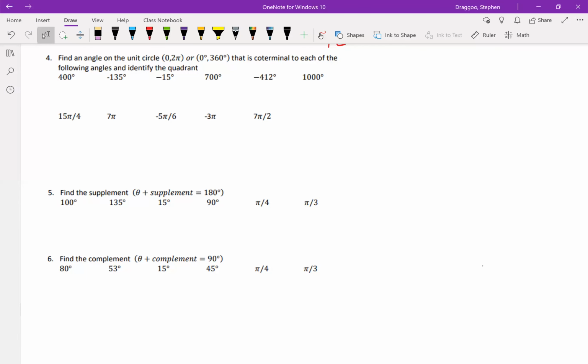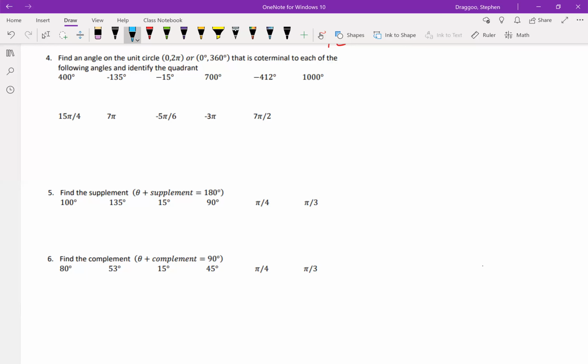but is just within one circle. So nothing extra, nothing backwards. So if I want to find a coterminal angle, I'll take whatever angle I have and add or subtract 360 degrees if I'm in degrees, or add or subtract 2 pi if I'm in radians.